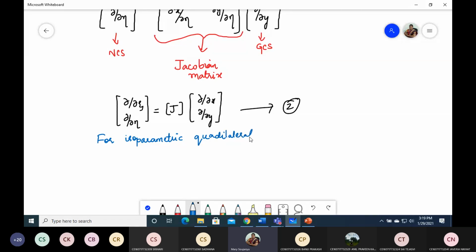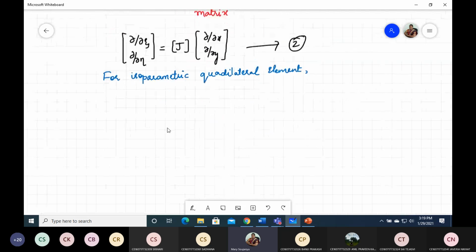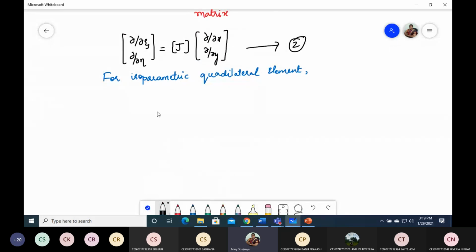Now for the isoparametric quadrilateral element, what do we have?